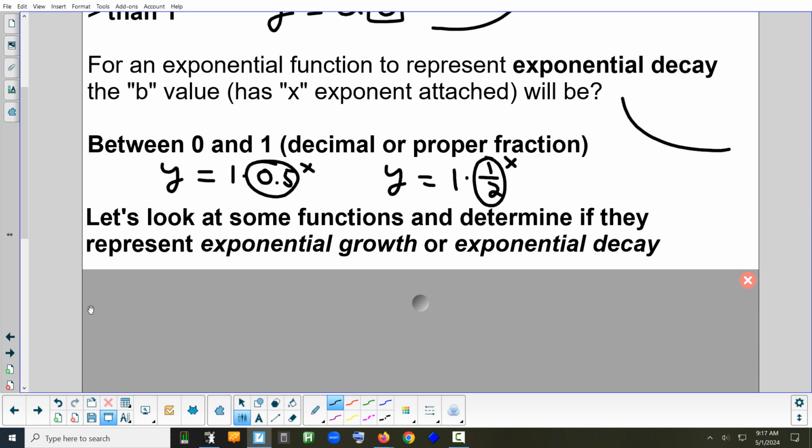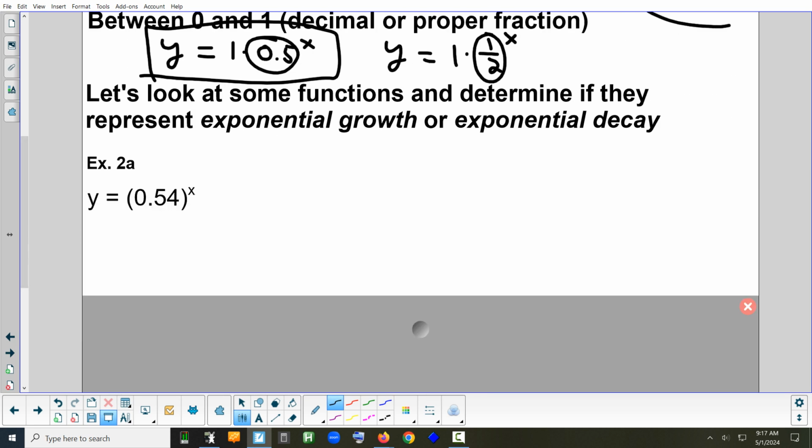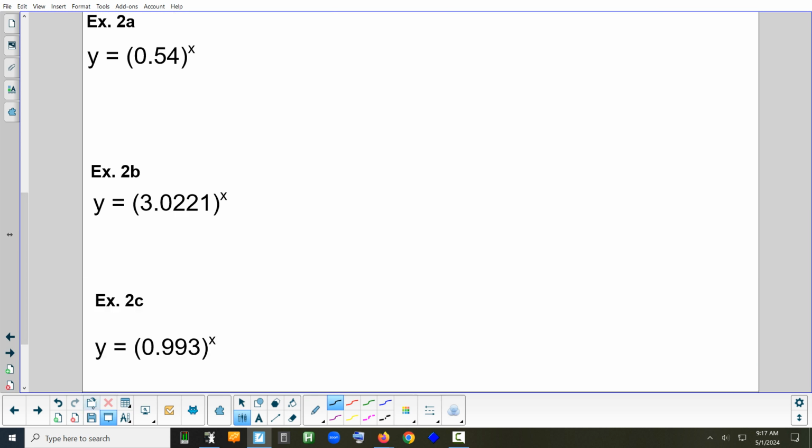All right, so let's take a look at a few problems. And you don't have to graph anything, you don't have to make a table. All you have to do is look at the problem like this and tell me, is it growth or decay? Let me put up some examples.